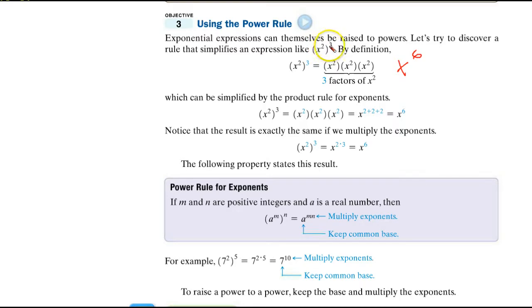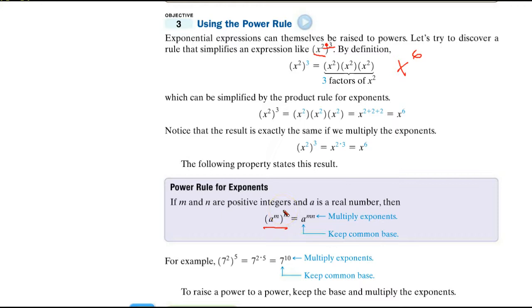Well, here we wouldn't add exponents. When we're raising a power to a power, we multiply exponents. 2 times 3 gives us the 6. Okay? And they're kind of showing it to us here. And here's the rule. You want to include that in your notes.